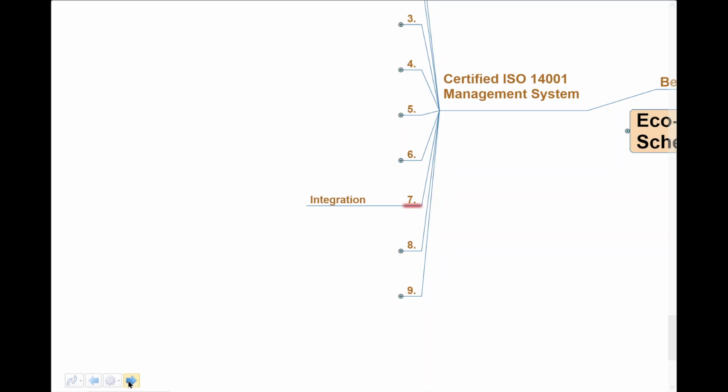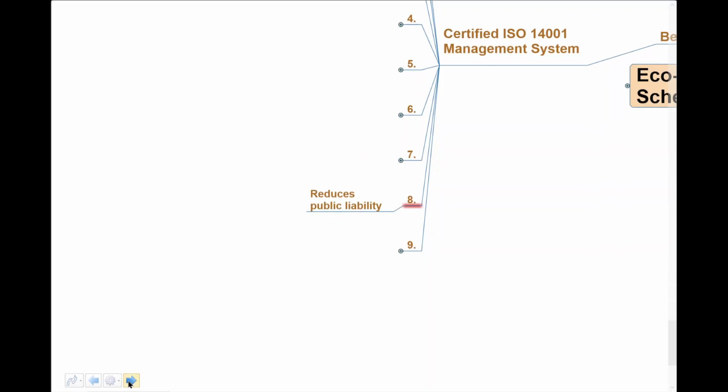Next area, integration. Really what we're talking about there is integrating different areas of the business, particularly if more than one standard is used. This is a blueprint, if you will, for success in different areas. And there are a range of standards covering many different areas for an organization. In terms of reducing public liability, we're really talking about insurance costs.